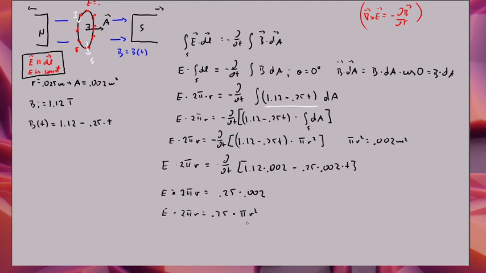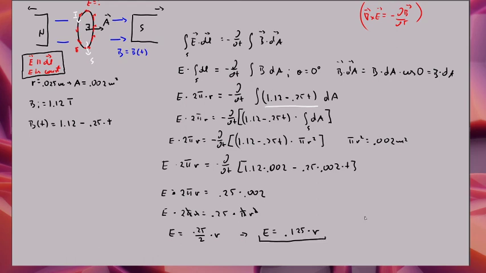So going back to this expression, I can cancel out pi, get rid of this r and that r, and the electric field is 0.25 over 2 times r. So the magnitude of the electric field depends on r: it's 0.125 times R.